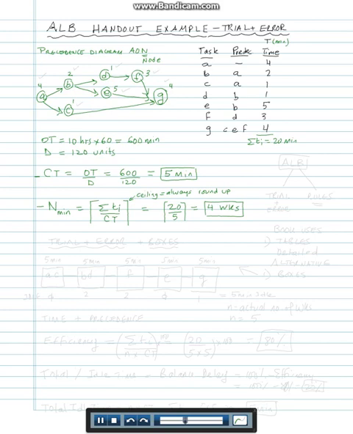Now, to design an assembly line using ALB we can do it using trial and error, or we can do it using rules. In this example, I'm going to use trial and error.